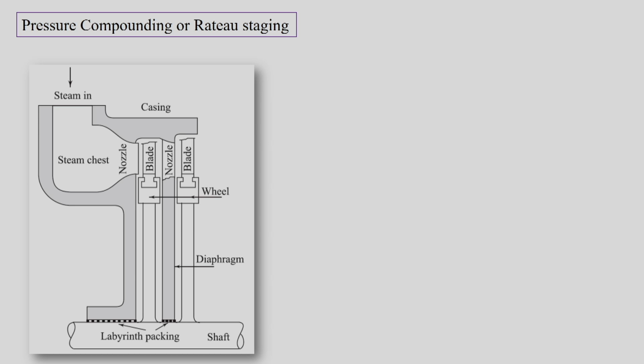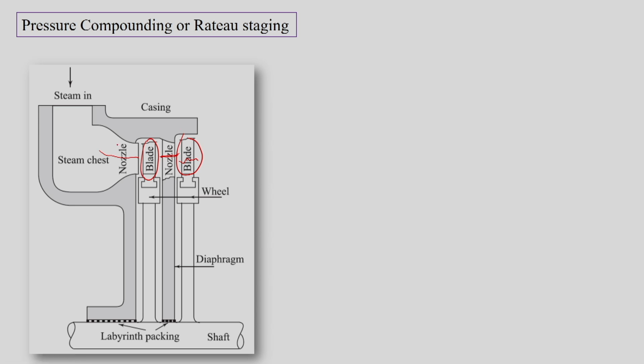Here, as we see, there will be multiple nozzles and multiple blades. One nozzle would lead to some enthalpy drop and creates the corresponding kinetic energy. That kinetic energy will be extracted by the blades, and then we will have the remaining enthalpy drop and corresponding rise in kinetic energy in the next nozzle, and then the corresponding blade will extract that kinetic energy into work done.